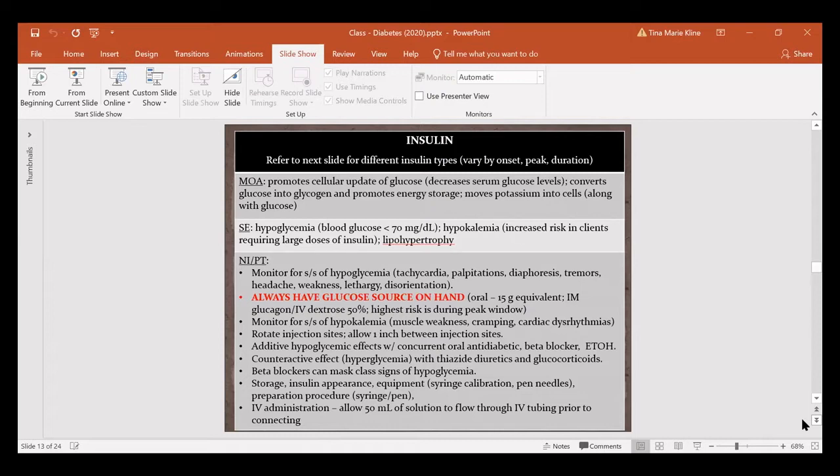Beta blockers are commonly used as a treatment for heart failure, possibly hypertension. So there are a lot of patients out there on beta blockers, and those will mask the classic signs of hypoglycemia. If you have a patient who is diabetic and on a beta blocker, they really do need to check their blood sugar routinely, because they're not going to have those classic signs and symptoms, and they may go from talking to you to being completely out and unresponsive.